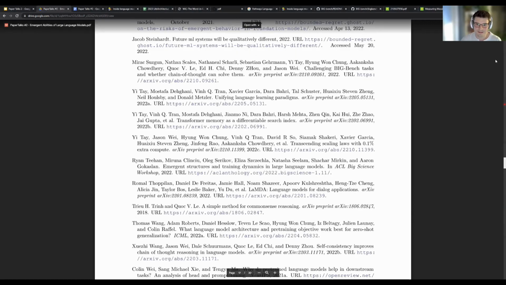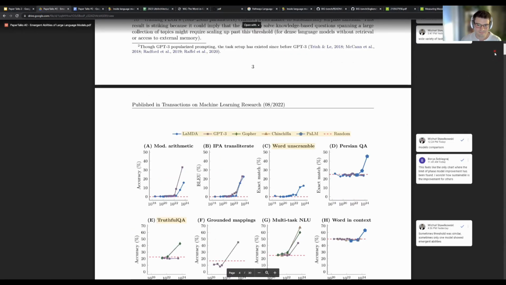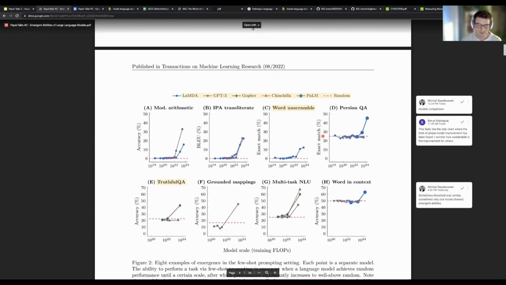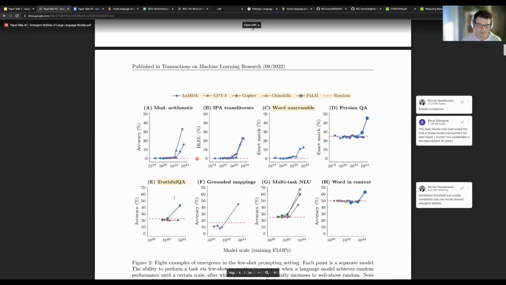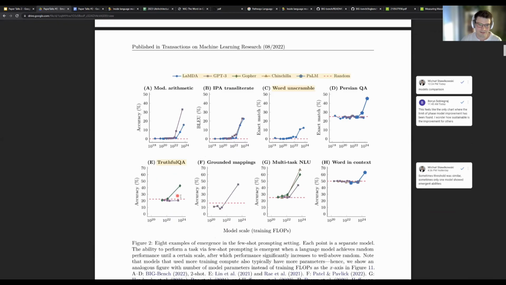But going back to where we finished, yes, here this random level is different for different tasks, because, for example, in Word in Context, we have only two different possible answers, true or false.